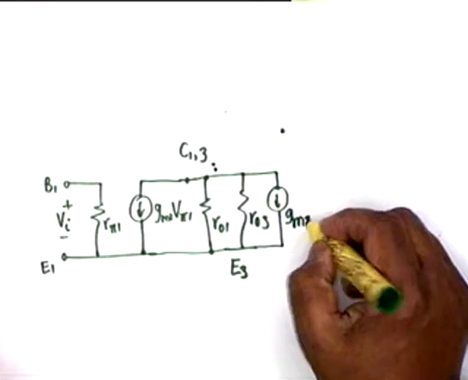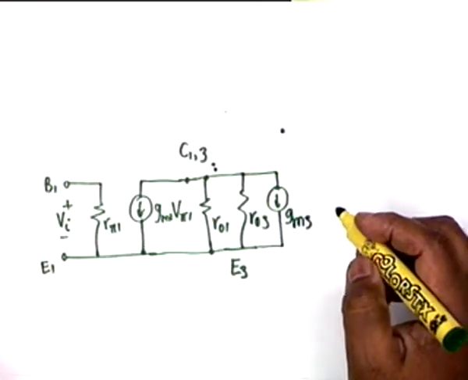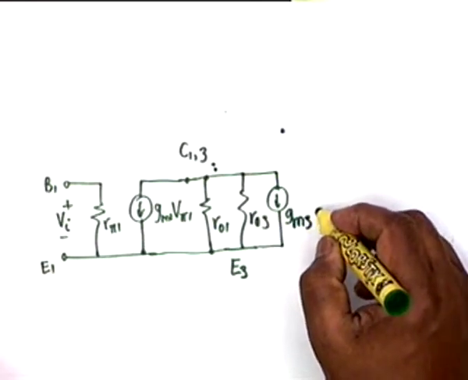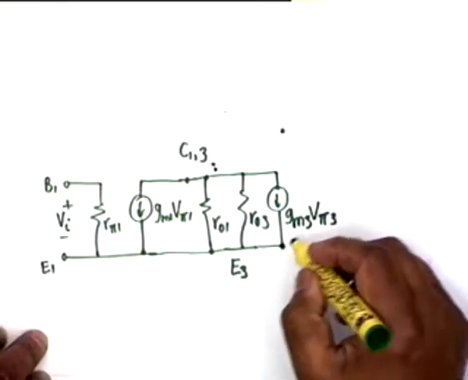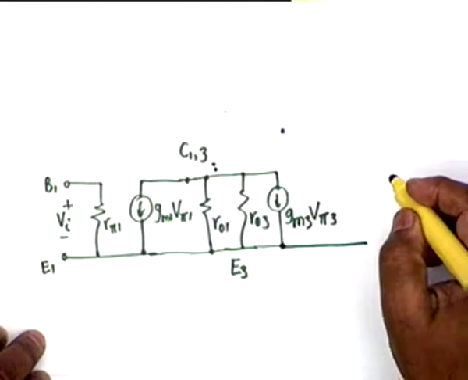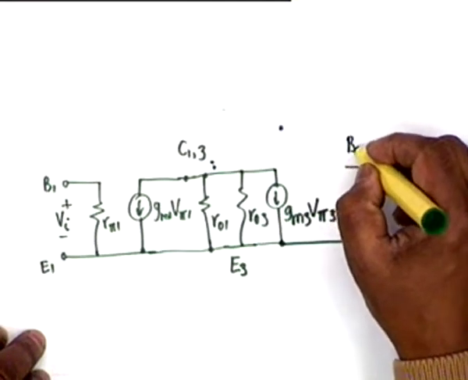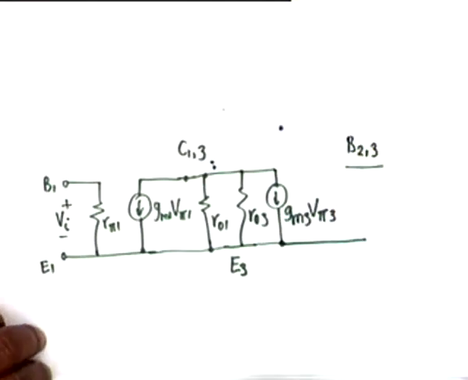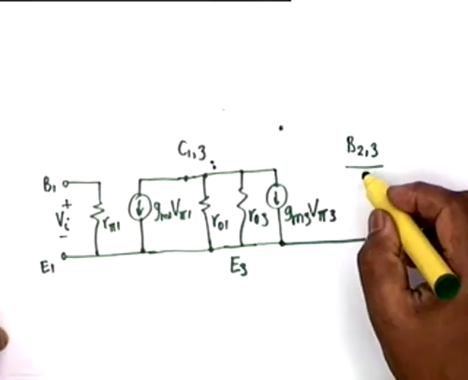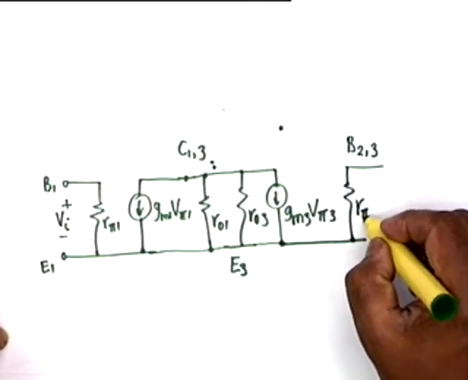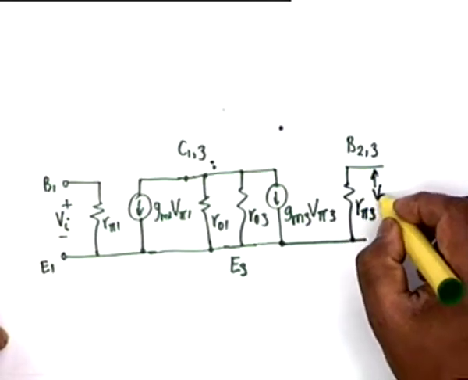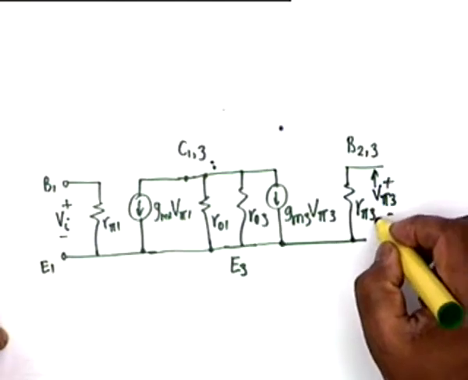GM3 times V pi 3, which we have not yet identified, GM3 V pi 3. Then we go to B2 and B3. B2 and B3 are tied together. So from B2 and B3 to E3 there shall be R pi 3, and this voltage would be V pi 3 with this polarity.